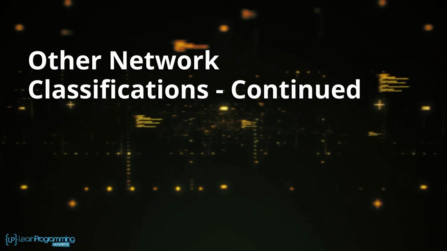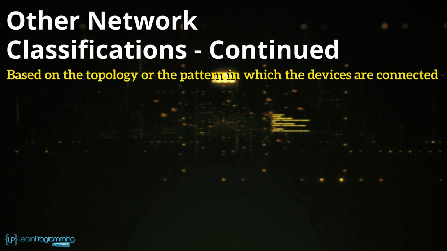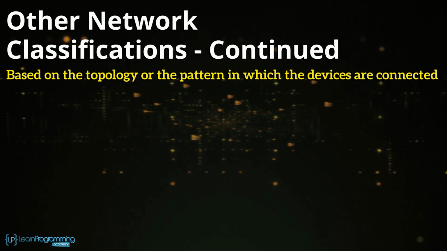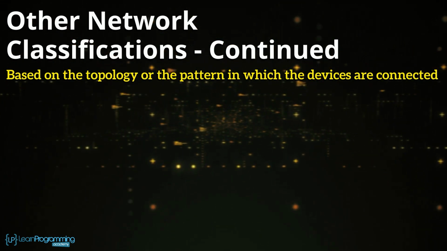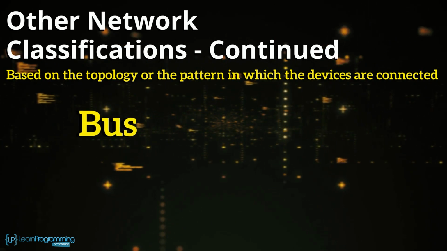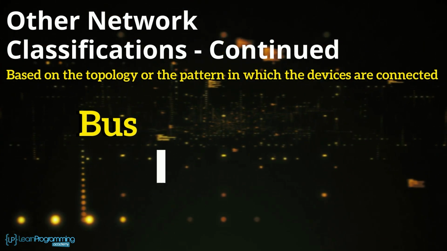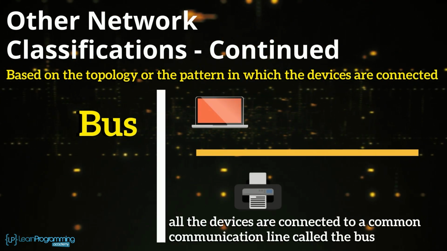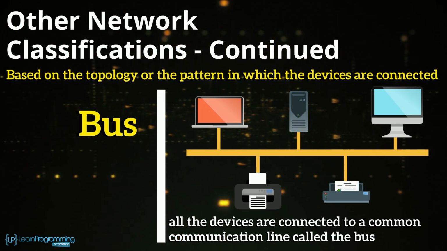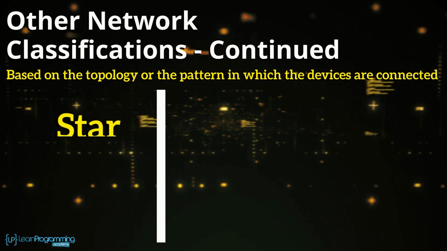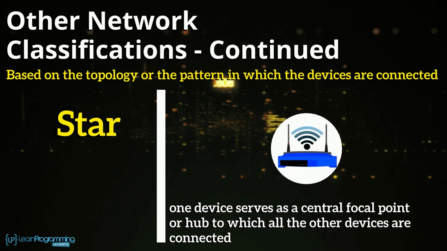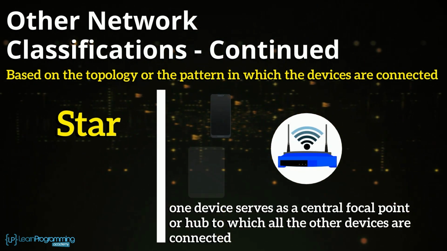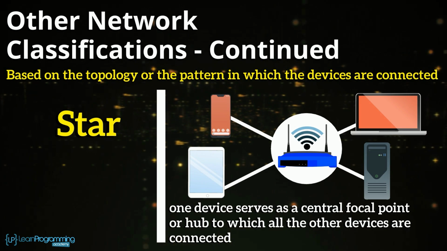The second of these other network classifications is based on the topology, or the pattern in which the devices are connected. The most popular topologies today are the bus and the star. In a bus topology, all the devices are connected to a common communication line called the bus. In a star topology, one device serves as a central focus point, or hub, to which all the other devices are connected.